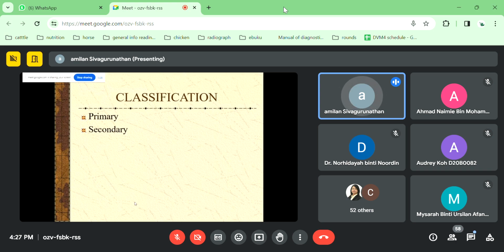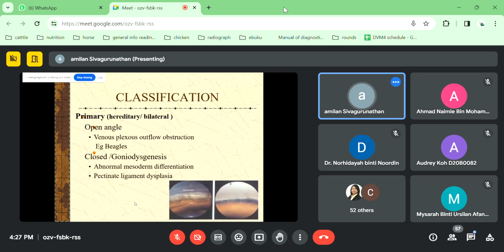So the classification for glaucoma can be broken up into primary and secondary, of which primary glaucoma is often related to inherited structural factors, while secondary glaucoma is associated with diseases that are ongoing in the patient, driving the high pressure. In primary open-angle glaucoma, the first form of primary glaucoma, the angle of the eye is open.